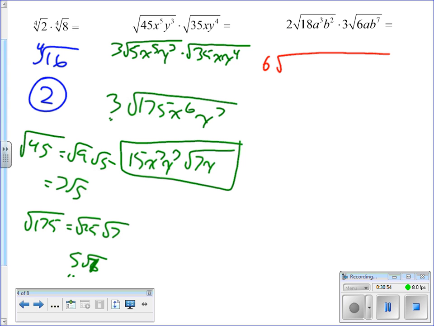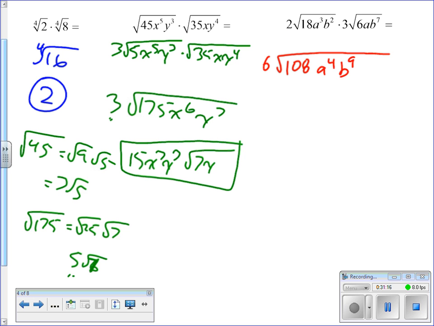Ooh, I was wrong. Don't tell anybody. 108. Now I multiply the rest of them together. A cubed times a to the first gives me a to the 4th. B squared times b to the 7th is b to the 9th power.